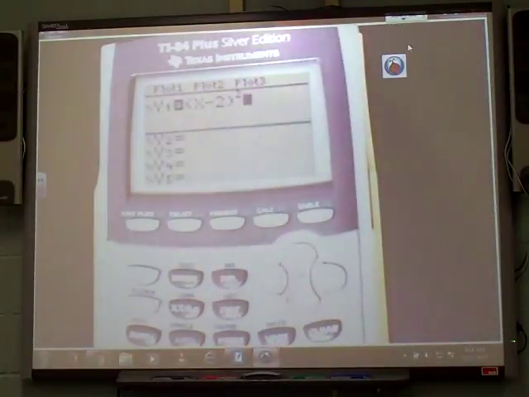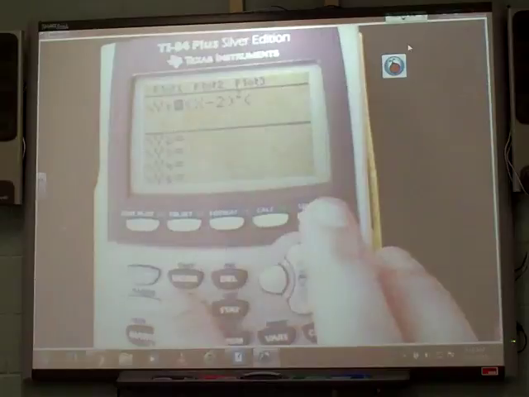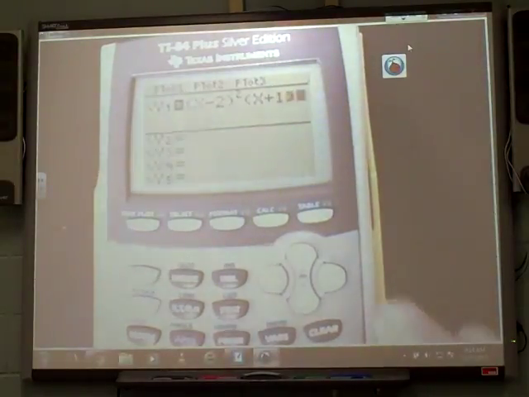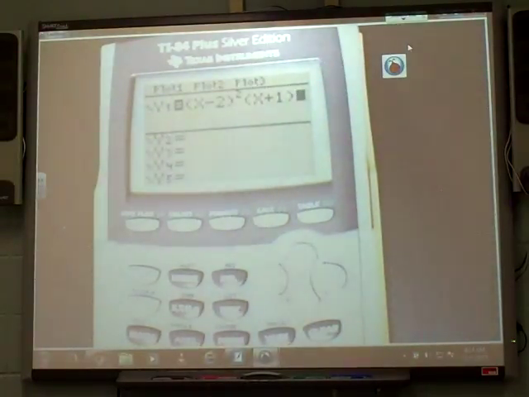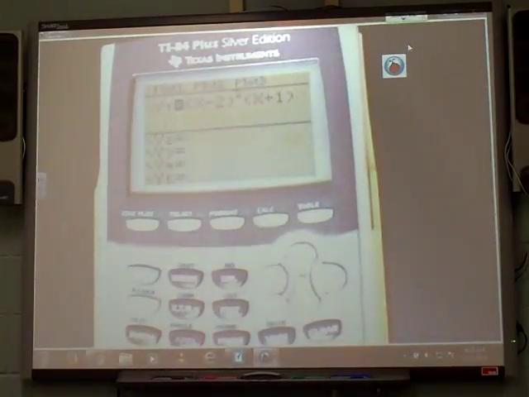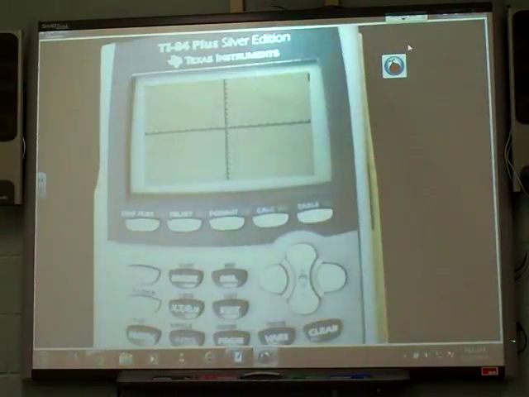Then you press graph. Okay, get it typed in there. Very good. Go ahead and hit graph once you get ready.